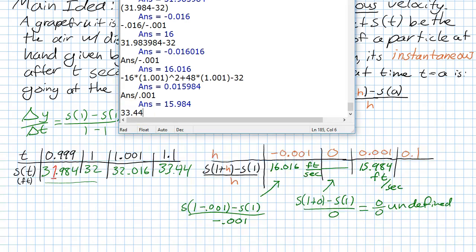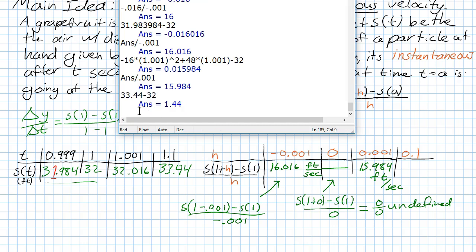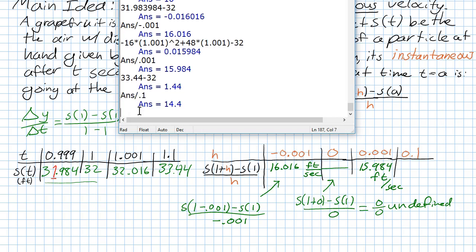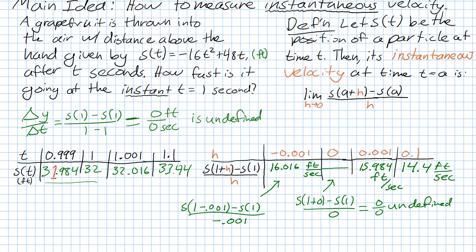Just 33.44 minus 32 is 1.44 feet in those 0.1 seconds. So that divided by 0.1 seconds gives you 14.4 feet per second.